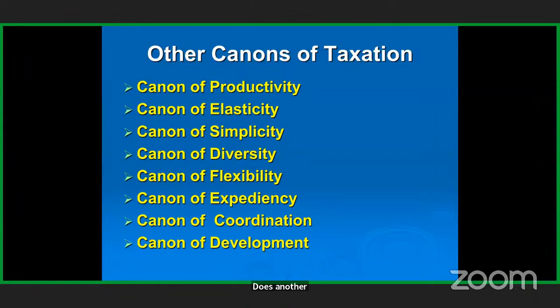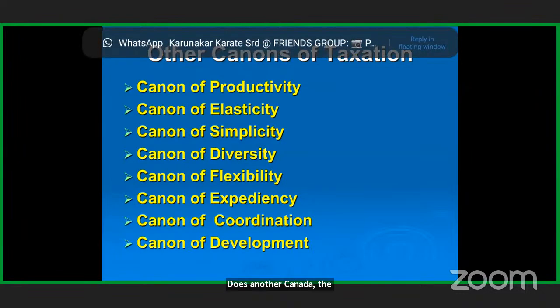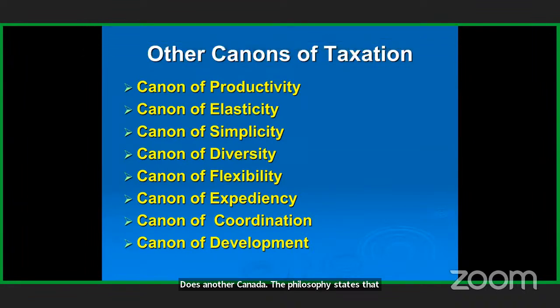The canon of elasticity states that taxation should be elastic in nature, so that the amount to be collected in the form of taxes can be decreased or increased depending on the requirements of the government. So the government may increase or decrease taxes depending on the various circumstances demanded.